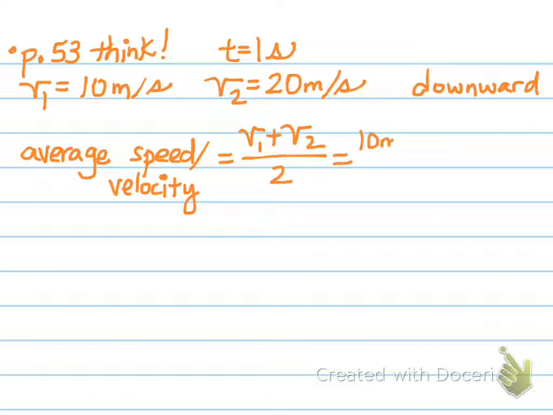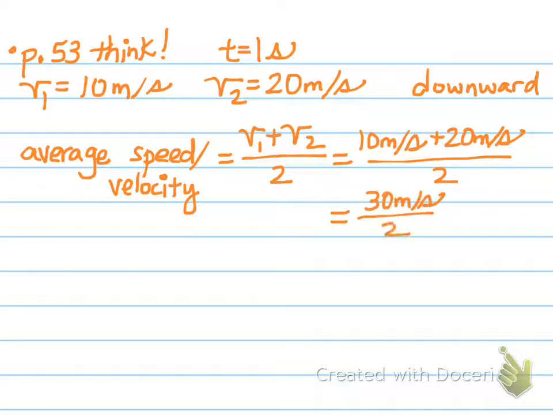So it's 10 meters per second plus 20 meters per second divided by 2, which gives me 30 meters per second divided by 2. 30 divided by 2 is 15. So the average speed during this 1 second of fall is 15 meters per second. Okay, on average, right? Not instantaneous, but on average, it's falling 15 meters per second during that 1 second interval.